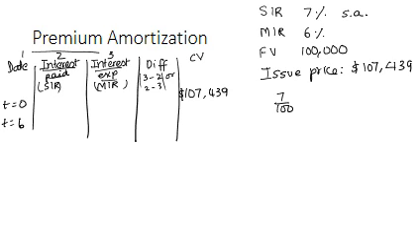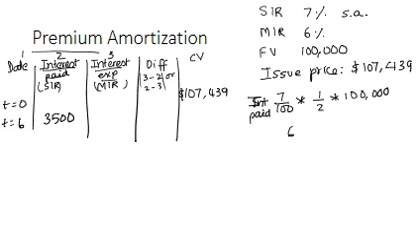At time t is equal to 6, the interest that is paid by the company semi-annually is 3,500. However, the market interest rate, so this is the interest paid, the interest expense equals, notice that I'm using the market interest rate to calculate the interest expense, and I'm using the issue price to calculate the interest expense.